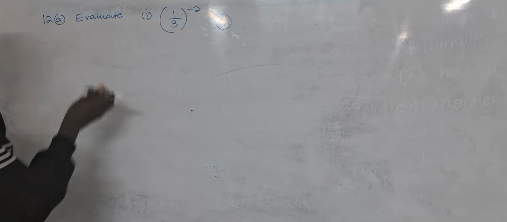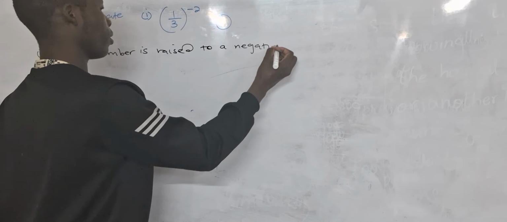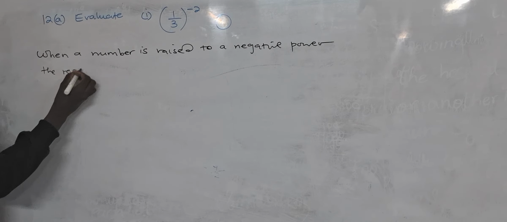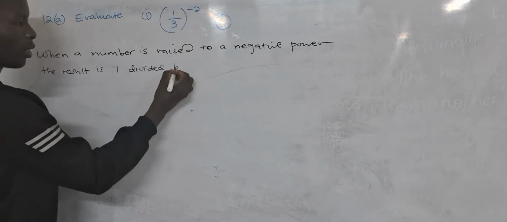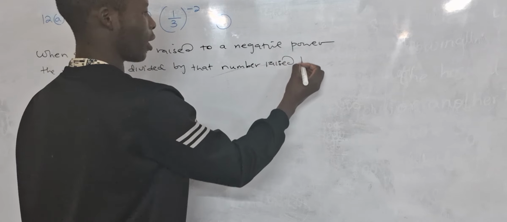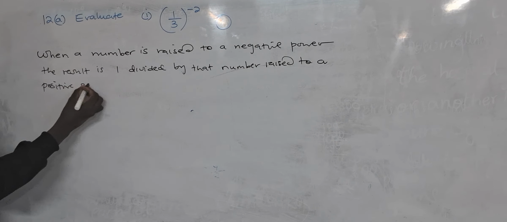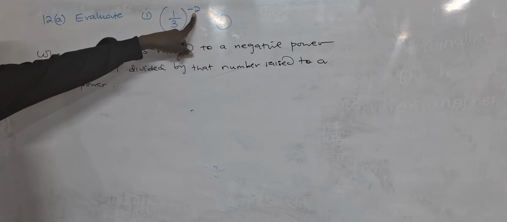When a number is raised to a negative power, the result is 1 divided by that number raised to a positive power.